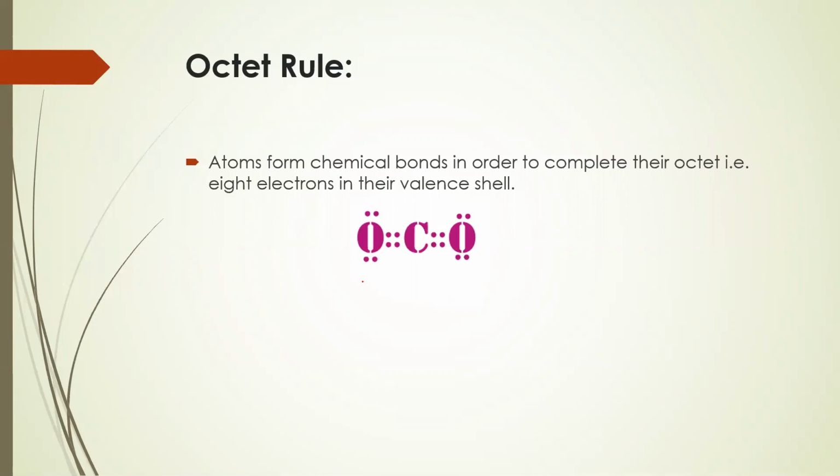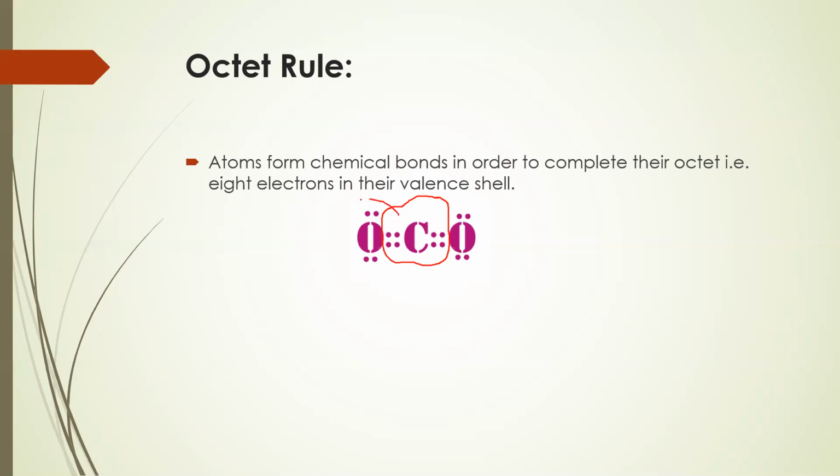Now, as it has 4 electrons in its outermost shell, it will try to share its electrons to attain the octet configuration. So, after sharing electrons with the oxygen atoms, it now has 8 electrons in its outermost shell. Hence, it is completely stable, satisfying the octet rule.